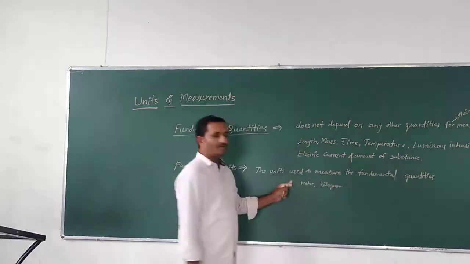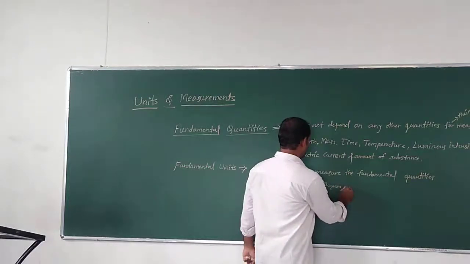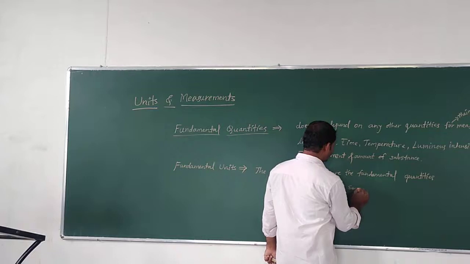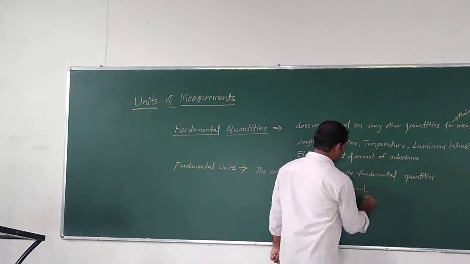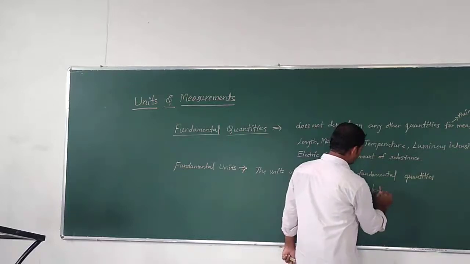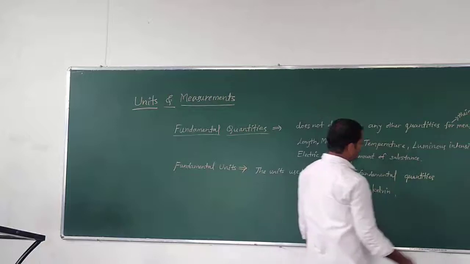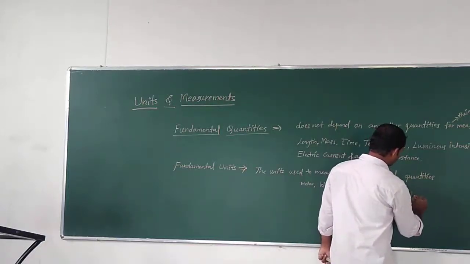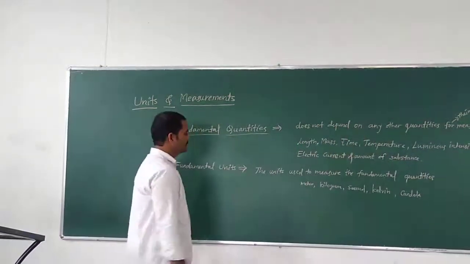I am telling this about the CGS system, SI system. So time is measured in second. Then temperature is measured in Kelvin. Then luminous intensity is measured in candela. So candela is the unit for luminous intensity.